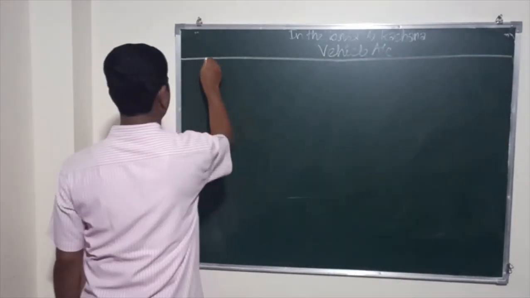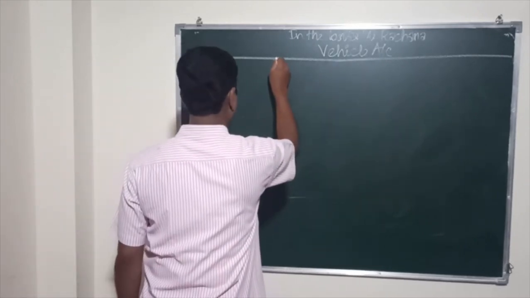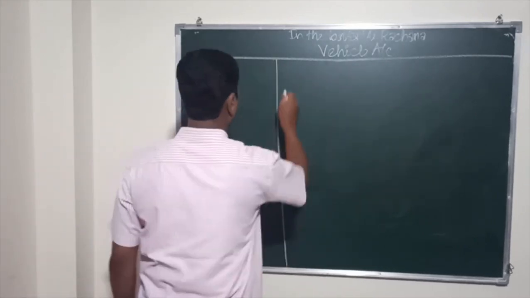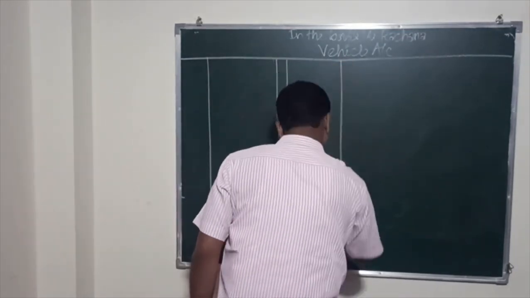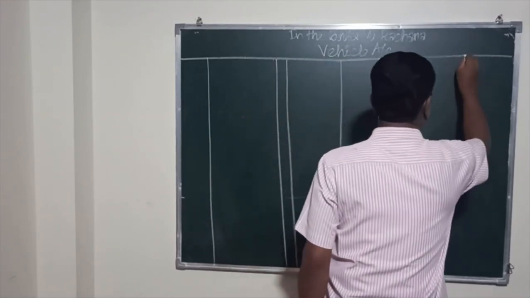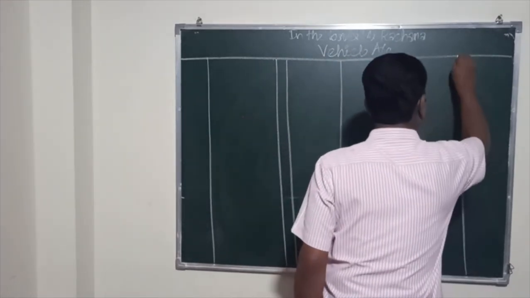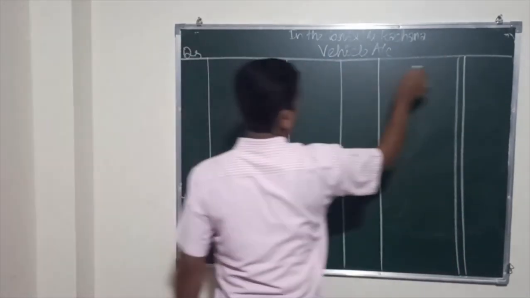Let's start here: date, particulars, this is journal folio, amount, date, then here also journal folio, so debit, credit.